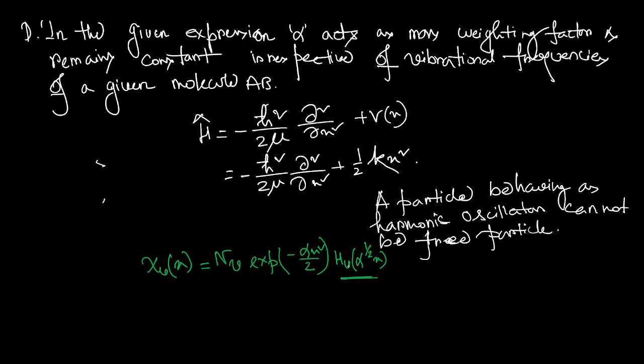So the wave function will be Gaussian in nature, where the Hermite polynomial acts as a modulator. It talks about the shape, and this other term is nothing but a normalization constant.